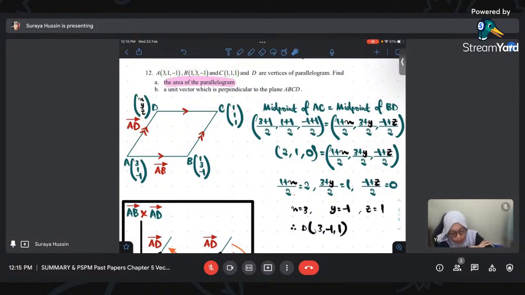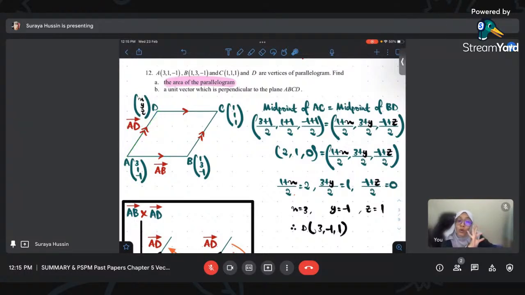It's just a 3D point. So this 3D point can help us to find our AB and AD. Cumanya, Miss, kita tak ada point D. Kita tak ada vector D. Macam mana kita nak buat calculation AD?